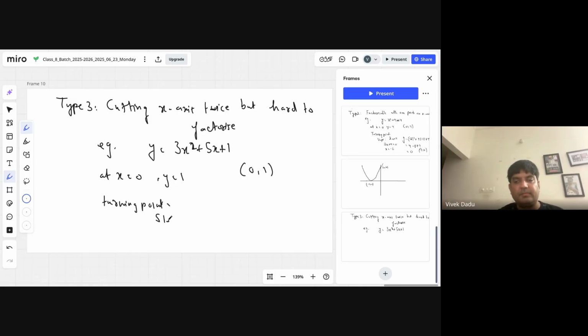Slope is 6x plus 5. So 6x plus 5 equal to 0. x is equal to minus 5 by 6. Calculate y. 3 into minus 5 by 6 whole square plus 5 into minus 5 by 6 plus 1. 3 into 25 by 36.